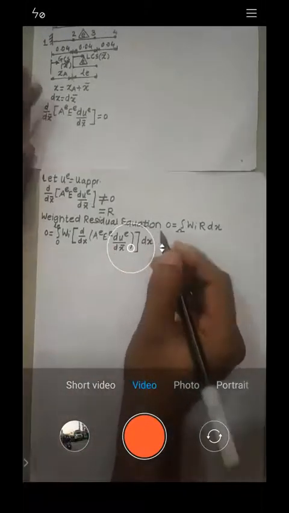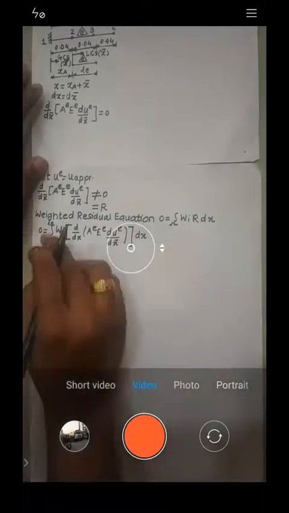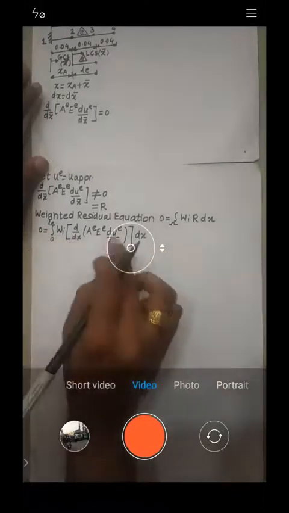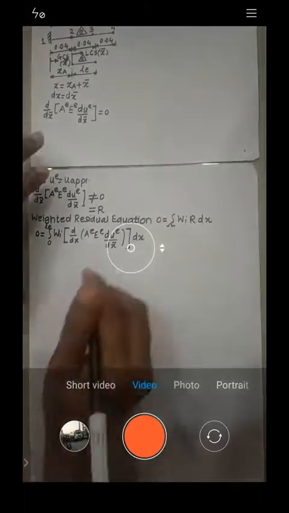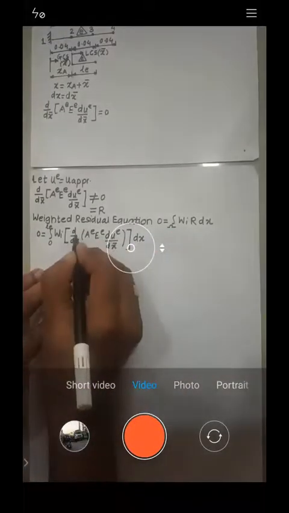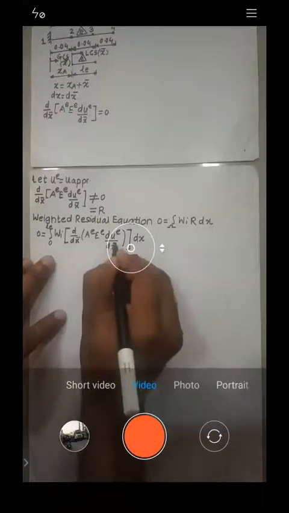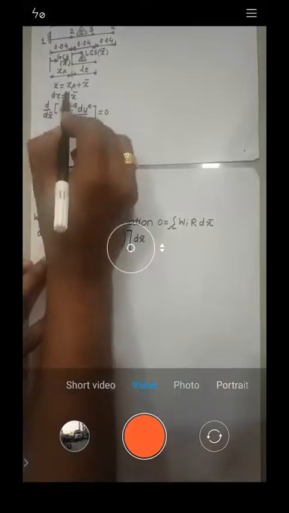You might feel, sir, why are we solving this? When we get the answer, you will understand. So 0 to LE, weight function into R into dx. Now, here I have written dx, but I can't write dx here. It's dx bar, everywhere I need to write dx bar.